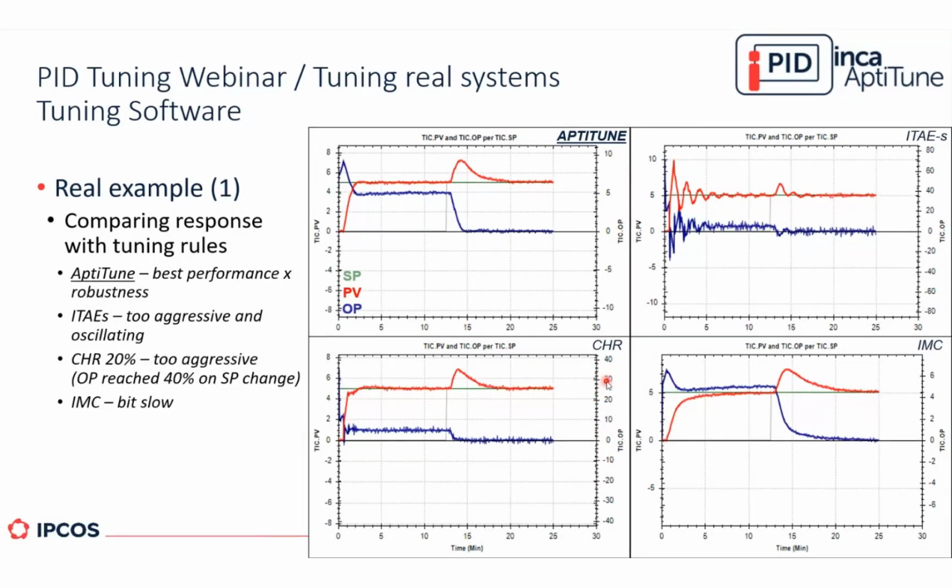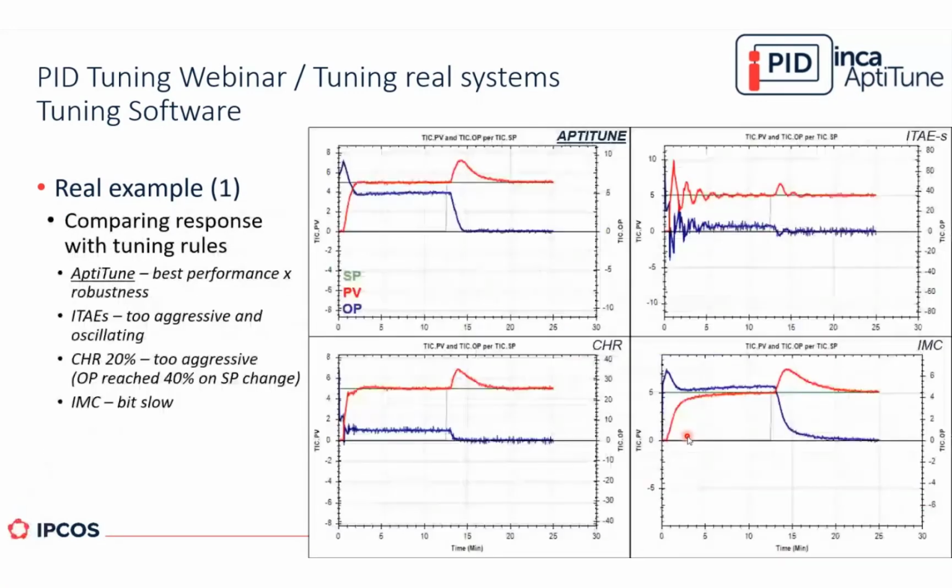So for the set point change, the output reached around 40%, which is a lot. So we don't want the real process to react like that for a step change. And here the IMC, which is not bad, but slower than the one that we have found with aptitude. Okay.